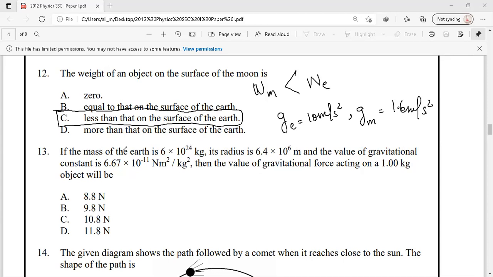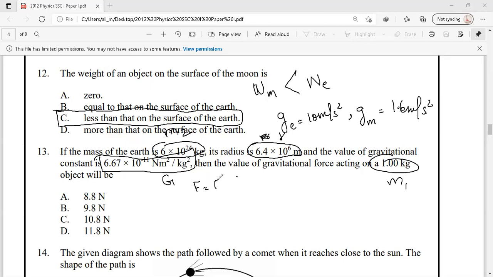Then we have question number 13. We have the mass of earth, the radius of the earth, and the universal gravitational constant, and we have to find the value of the gravitational force acting on a 1 kilogram object. So this is mass 1, this is mass 2, this is the distance between these two bodies, and this is the gravitational constant.